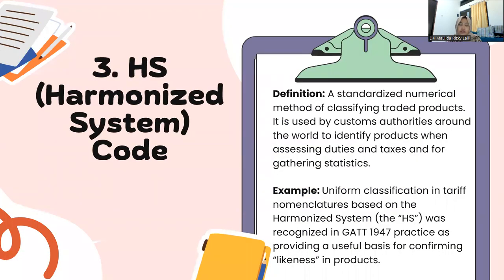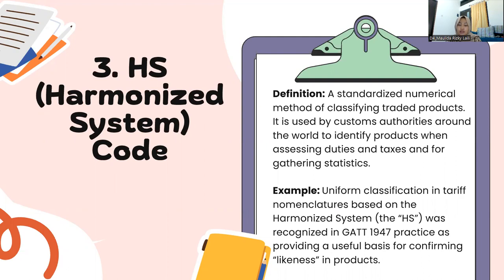Number three is HS, or Harmonized System Code. The definition is a standardized numerical method of classifying trade products. It is used by customs authorities around the world to identify products when assessing duties and taxes and for gathering statistics.